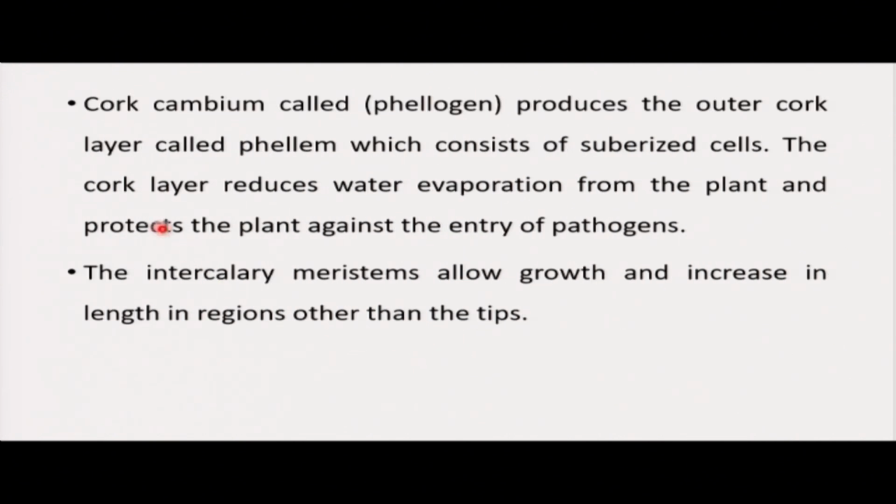Then we have cork cambium. Cork cambium produces the outer cork layer, which consists of suberized cells. These cells have what we call suberin. Suberin is a waxy substance. The cork layer reduces water evaporation from the plant and protects the plant against the entry of pathogens.